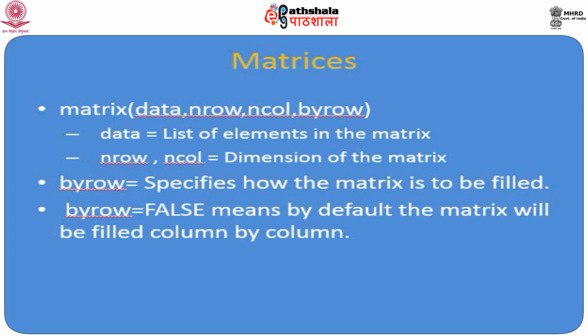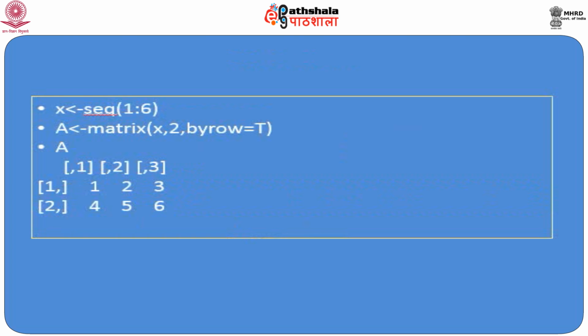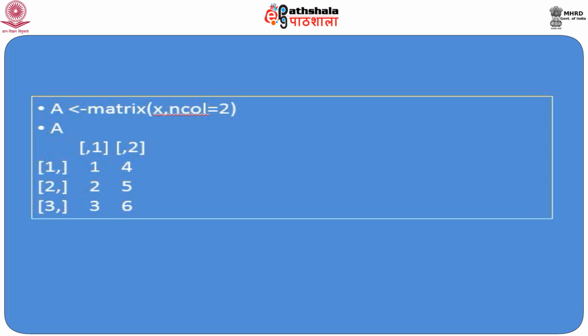Here we have a sequence of numbers in the form of a vector, and we are trying to put this row wise in a matrix, within a matrix A with this command. Here we are putting the elements of x within the matrix A column wise. So these are basically the different matrix representations.